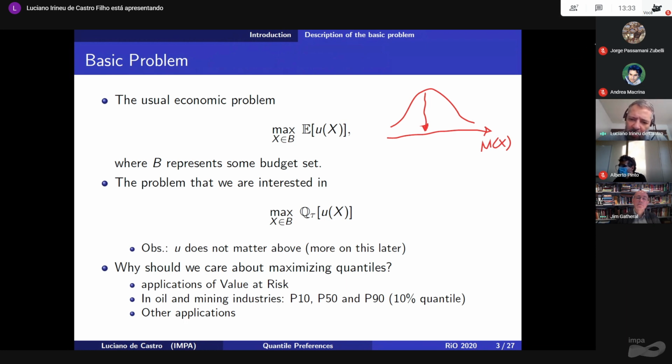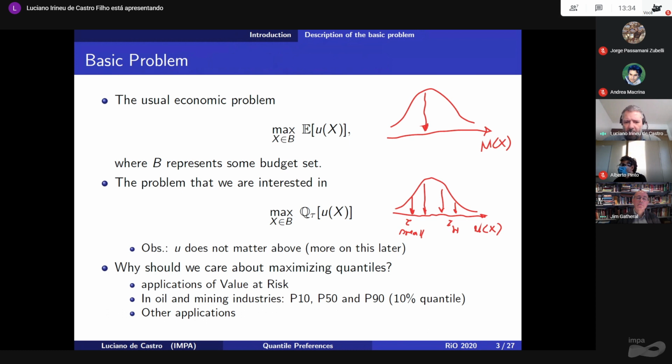What we are looking at is a problem where you have essentially the same distribution, but you can look at different certainty equivalents. As tau goes from a small number to a high number, you can go over the support of u of x.